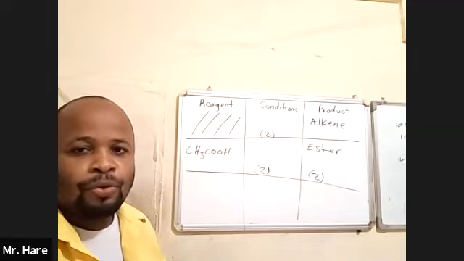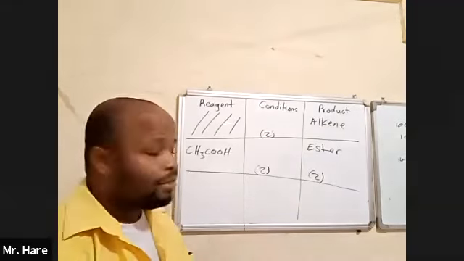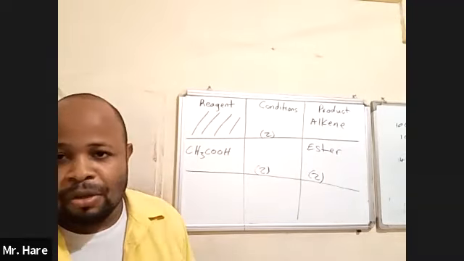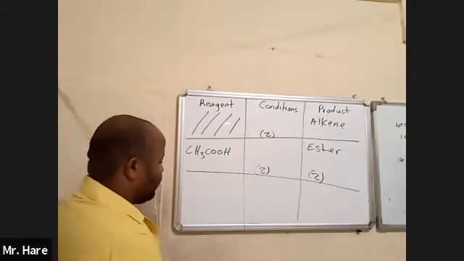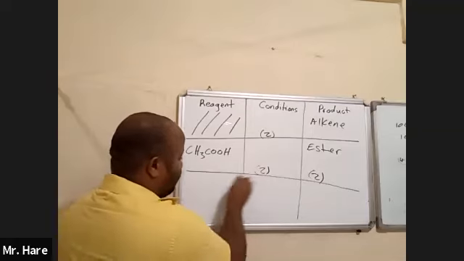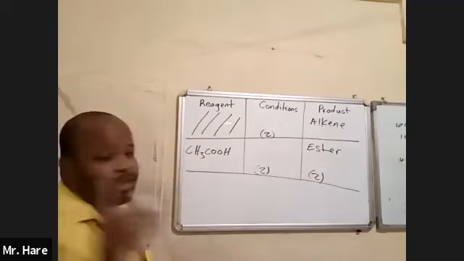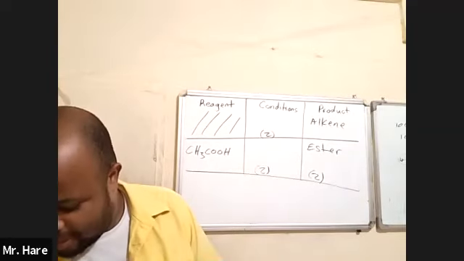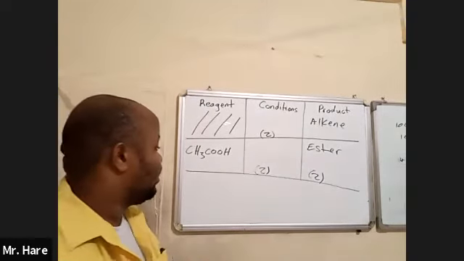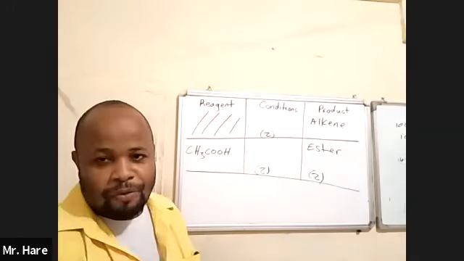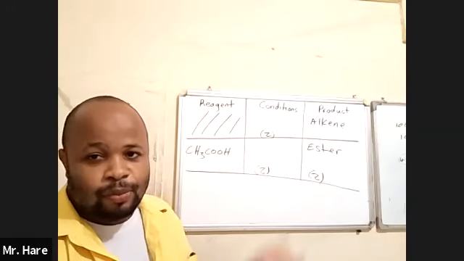So what would you react an alcohol with to get an alkene? Does anybody know? Concentrated sulfuric acid. Water. Water is the reagent. You need sulfuric acid as well, but the reagent is water.